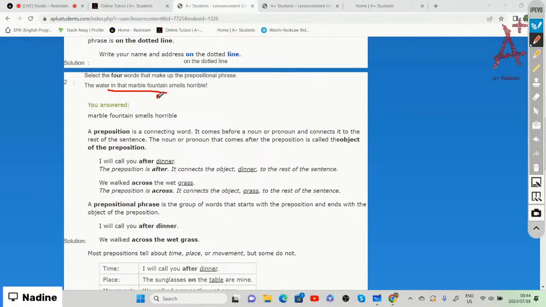Fountain is the object and in is our preposition.